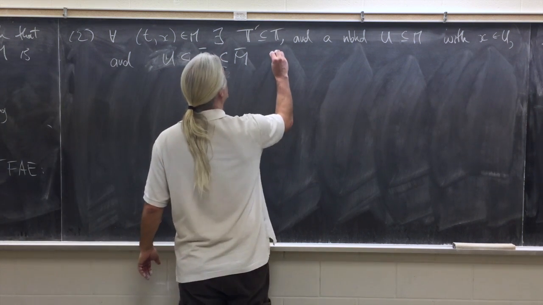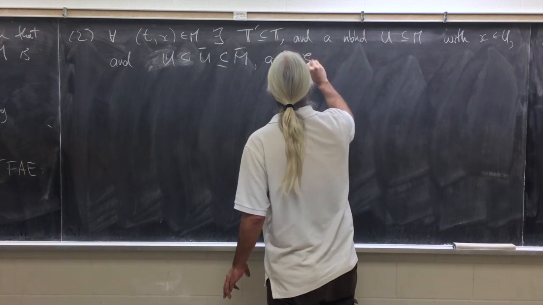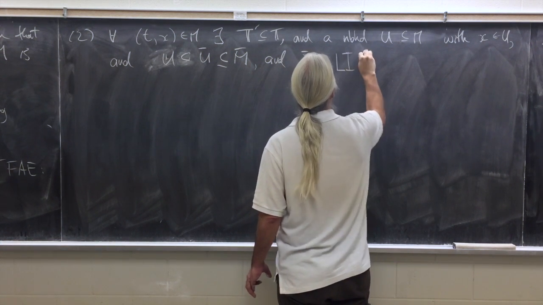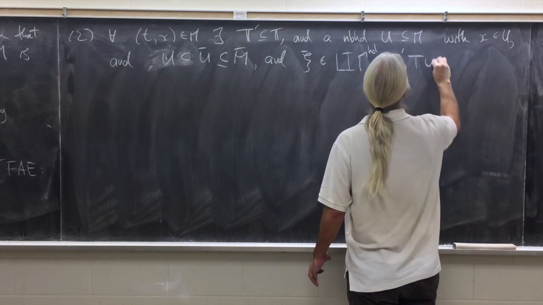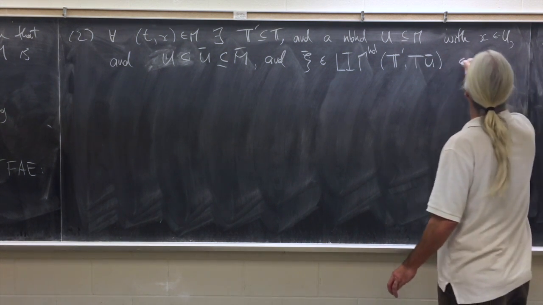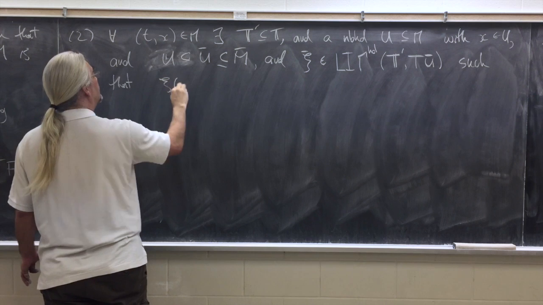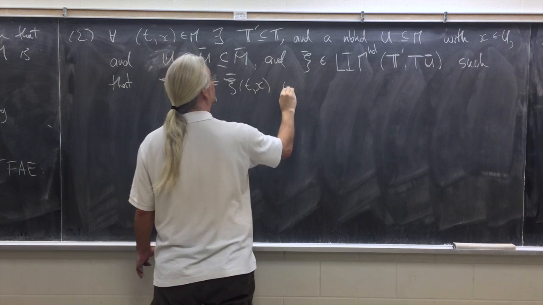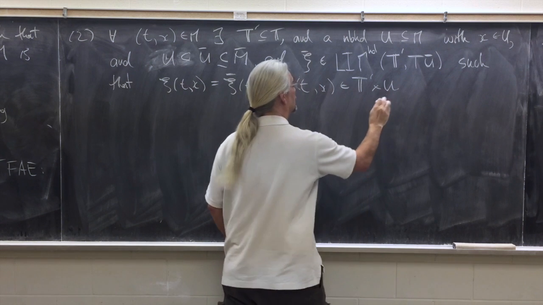Okay, such that, continuing to use improper grammar, C bar is in Li gamma omega of T prime, T, U bar, such that C of T, X is C bar of T, X for T, X in T prime times U.